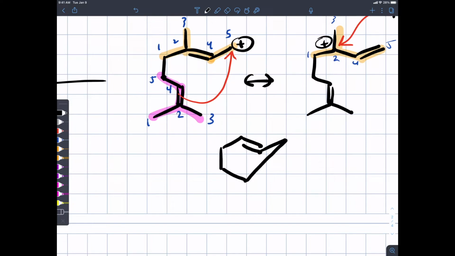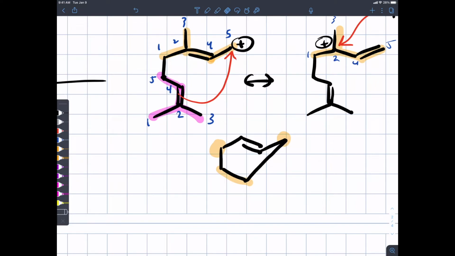On paper you're like, okay, whatever. But if you try to make a model of that, a trans double bond in a 6-membered ring, your bonds won't actually fit. They'll pop apart or you'll break them, because that geometry just doesn't work in a 6-membered ring. There's no way to get from this carbon back around to this one with only 2 carbons in between. So it's just too far away.